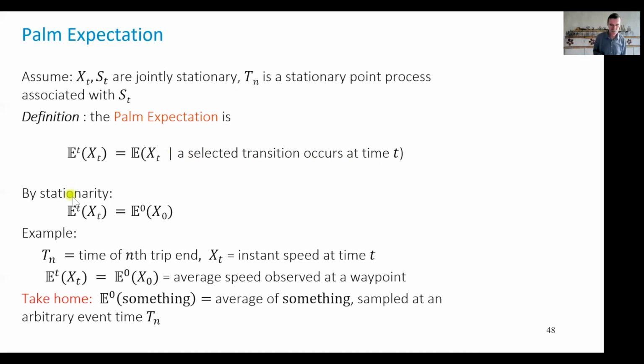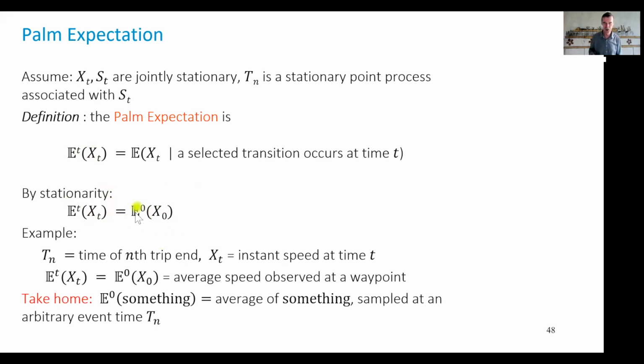And because everything is assumed to be stationary, if I ask the mobile at time t, what is your x, I will have an answer with the same distribution, so the expectation will be the same as if I ask at time 0. So E0 of x0 will be Et of xt. Normally, this is what is truly called the Palm expectation.